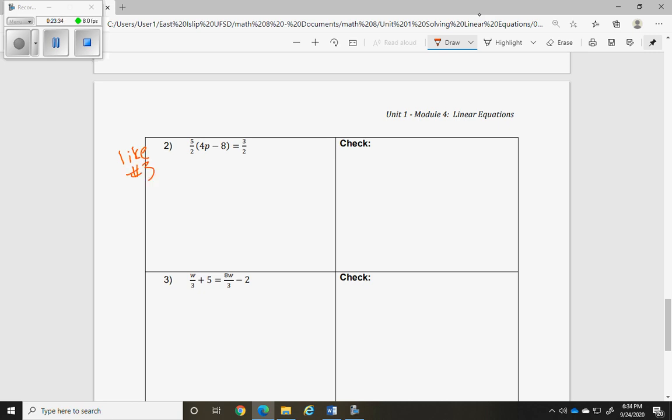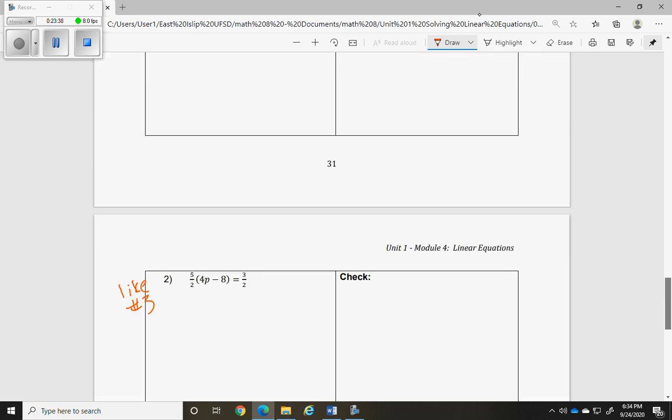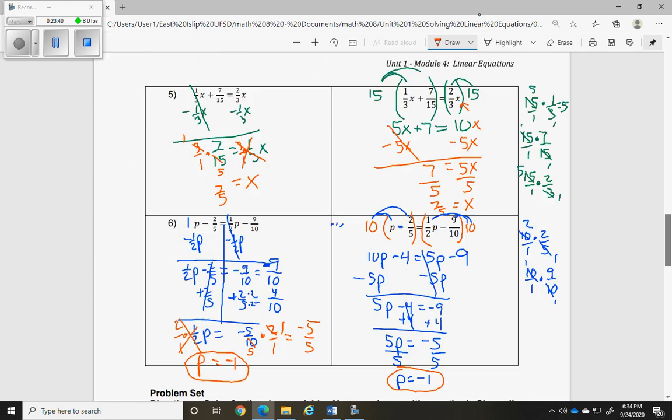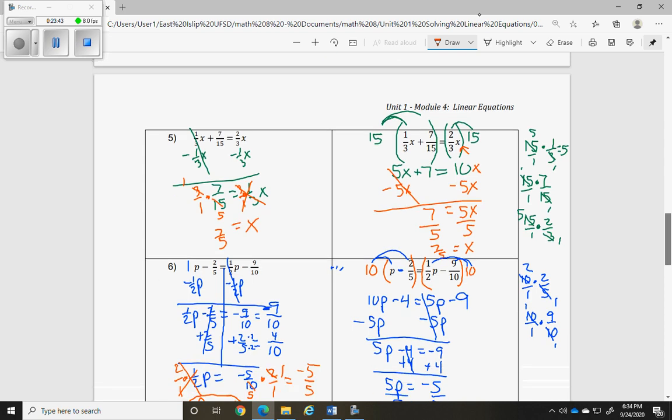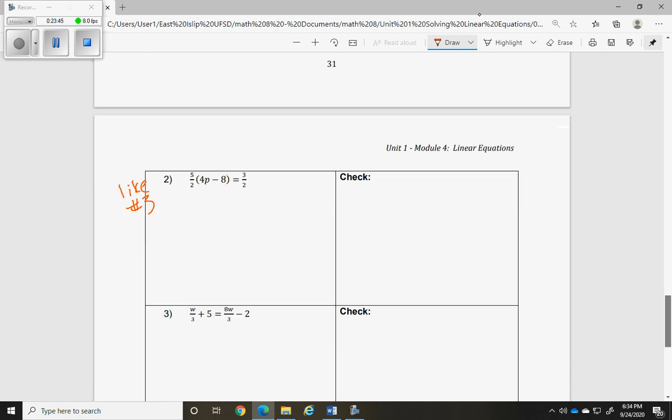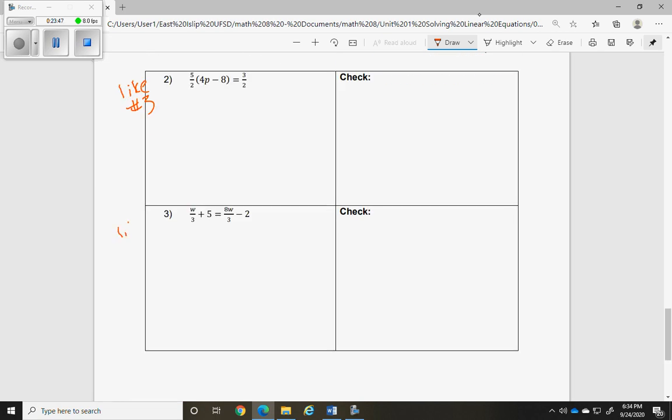And then this last problem is like this last one we did. It's like number 6. Remember there's like a 1 in front of that W, in case that's helpful.